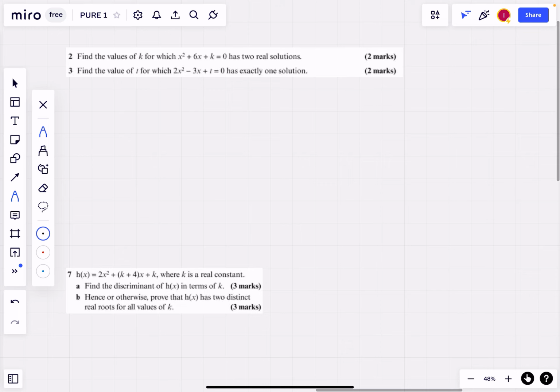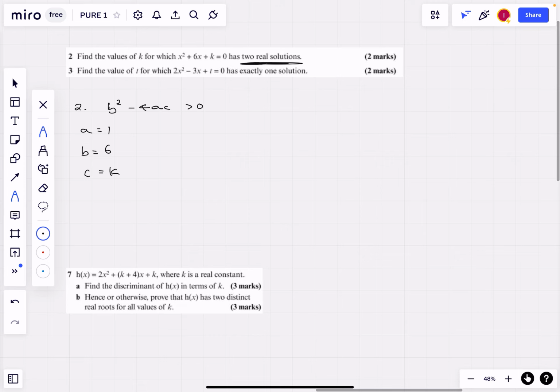Okay, first one. Find the values of k for which x squared plus 6x plus k equals 0 has 2 real solutions. So, our discriminant, b squared minus 4ac, is greater than 0. A equals 1, b equals 6, c equals k.